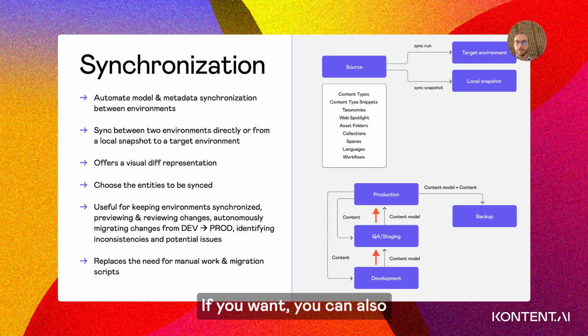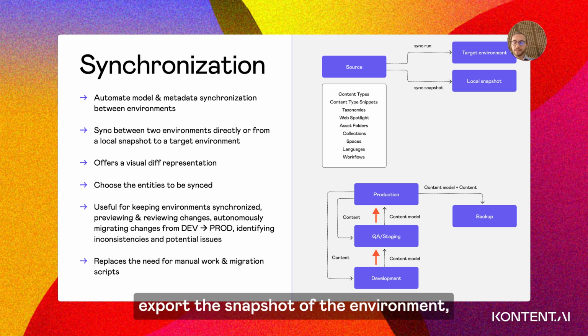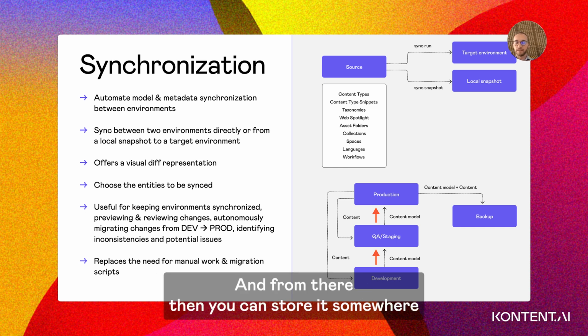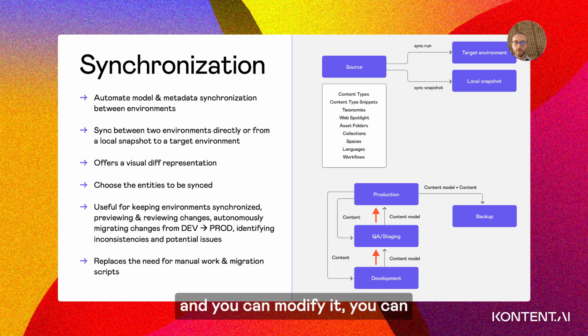If you want, you can also export a snapshot of the environment, meaning one of the entities, locally into a file or a folder, and then you can store it somewhere and modify it.